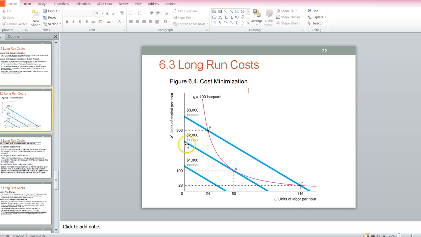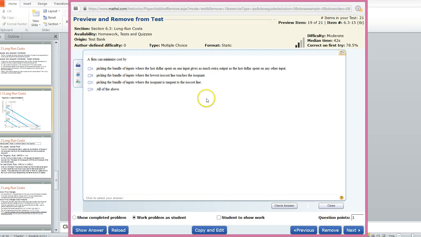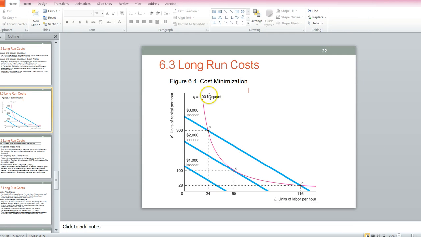So the isocost line which is feasible and also gives the minimum cost is this 2000 isocost line, which just touches the isoquant line, it does not cross. In other words, it's just a tangent. The isoquant curve and this isocost line are tangent to each other.